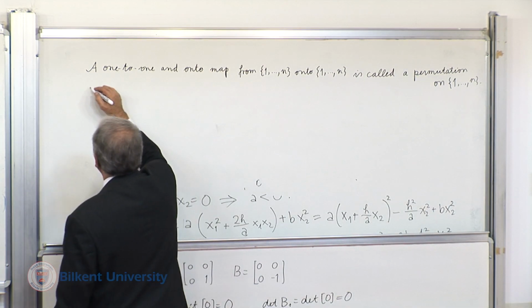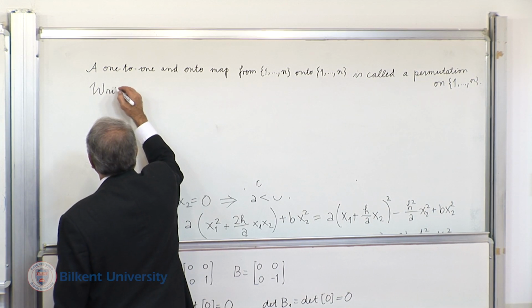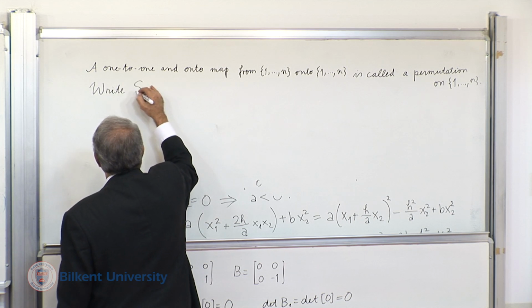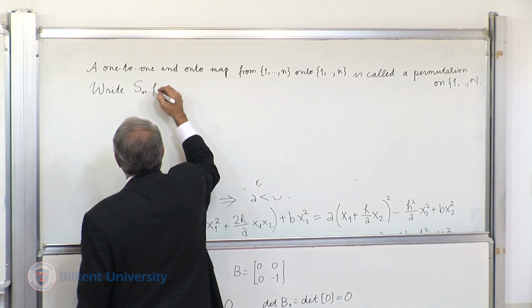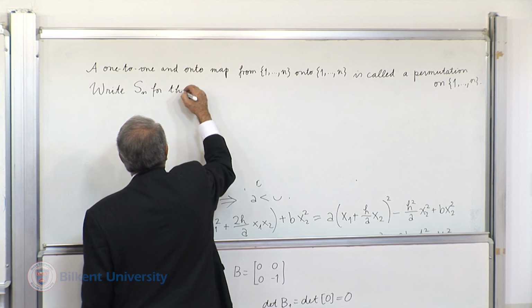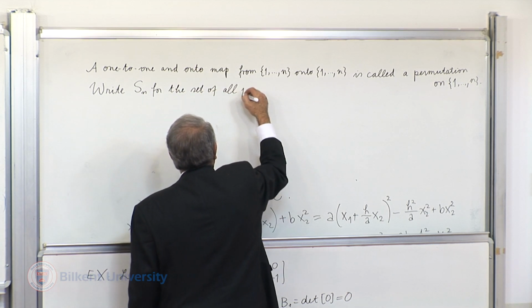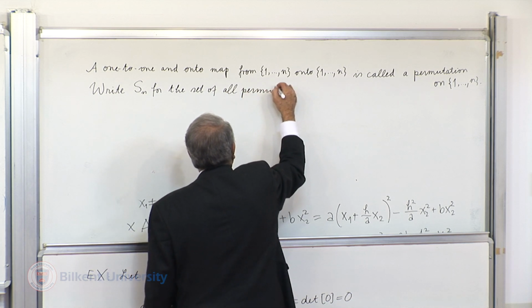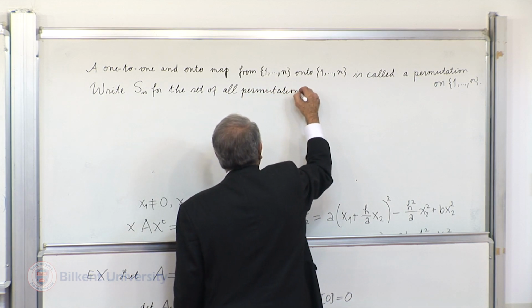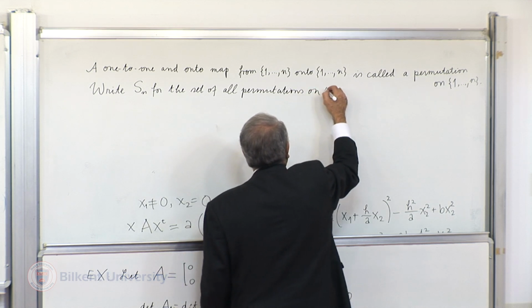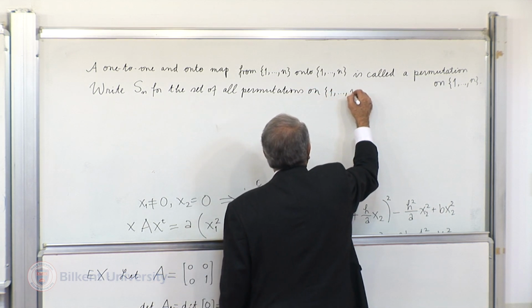Write S sub n for the set of all permutations on 1 to n.